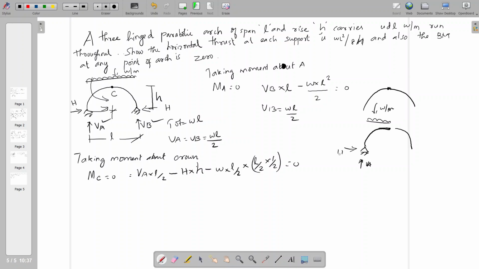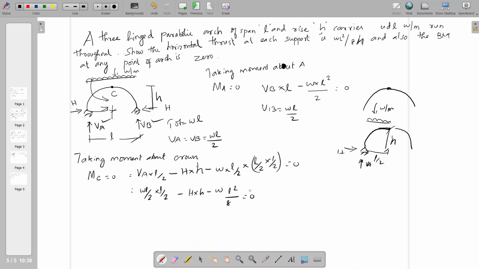We are having H. The span is L by 2 and rise is h. So W into L by 2 and half of L by 2, which is equal to 0. So VA, that is WL by 2 into L by 2, minus H into h minus W L square by 8 equal to 0.